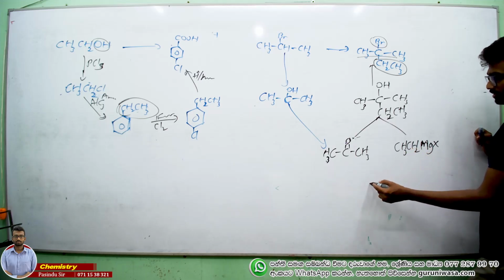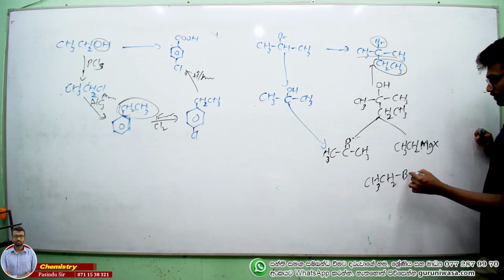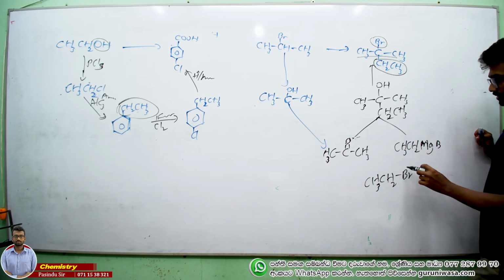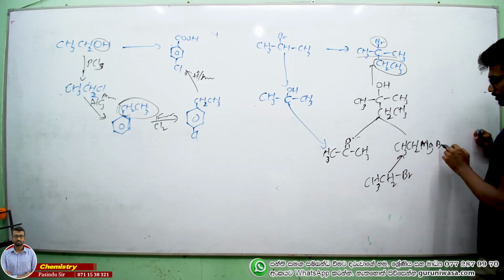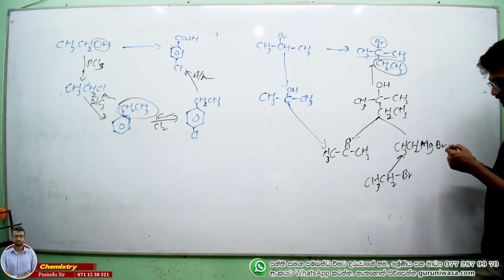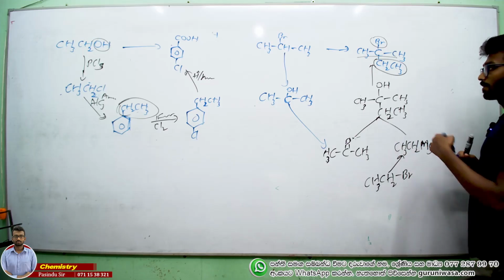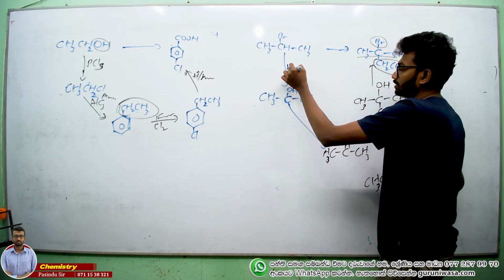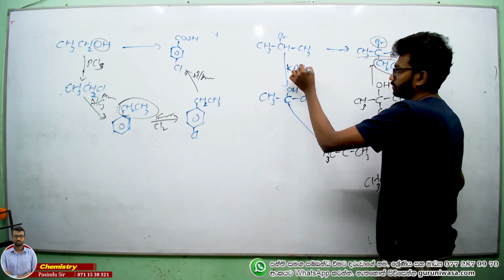You can get CH3 CH2 Br or something. X means Br, let's say Br, from the lab, and then convert into Grignard. Then you can get this one. So how to convert into OH? By adding just aqueous KOH.